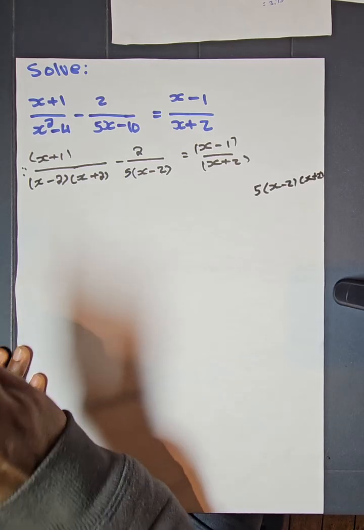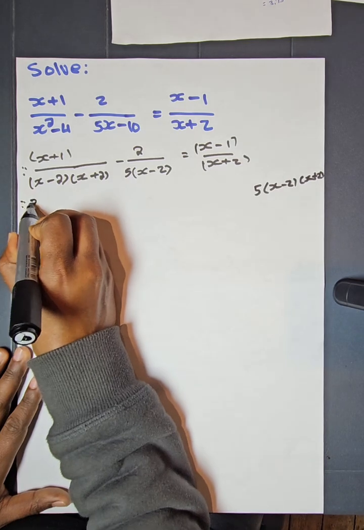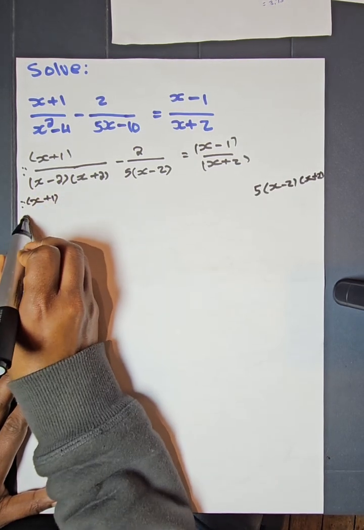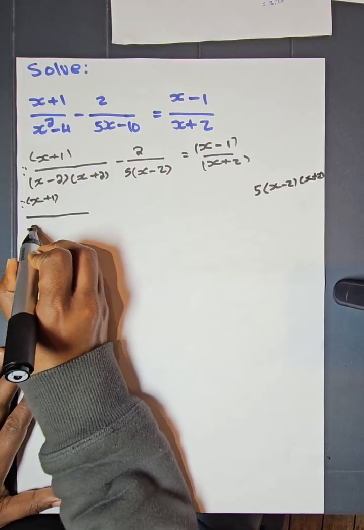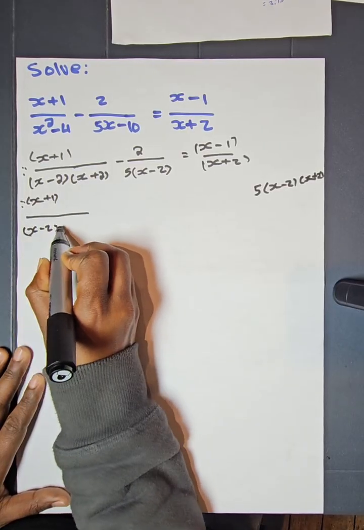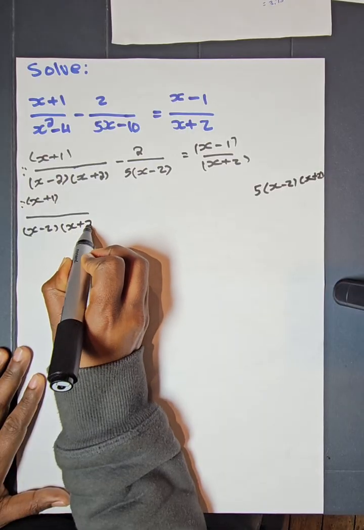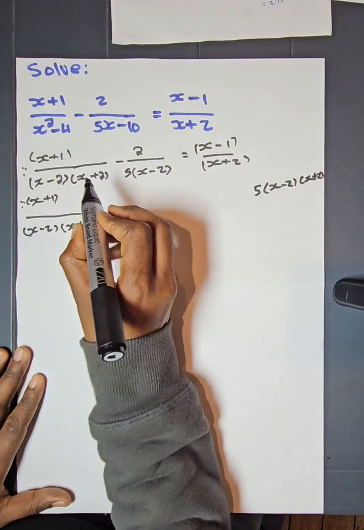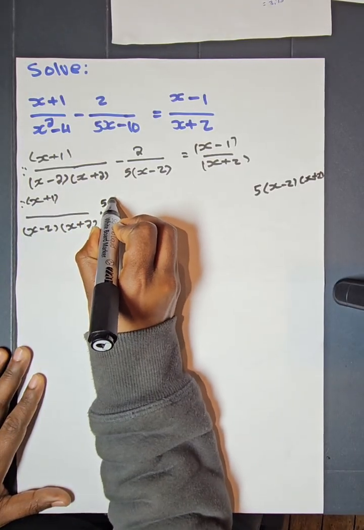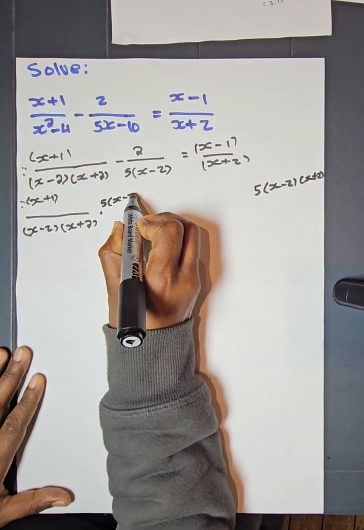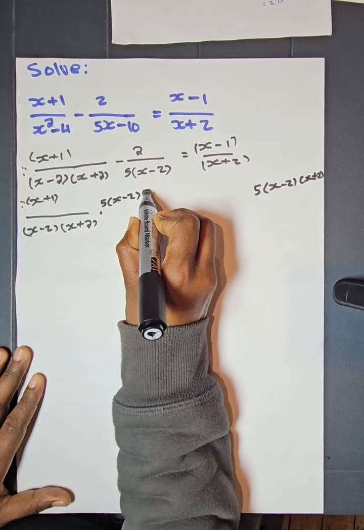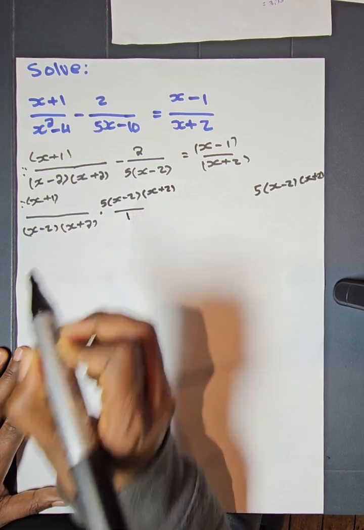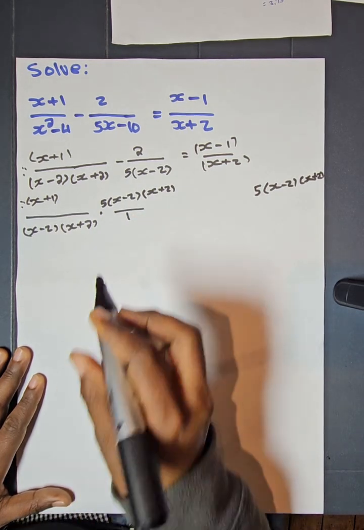We're going to start with the first term, (x + 1) over (x − 2)(x + 2), and then we're going to multiply by the LCM, which is 5(x − 2)(x + 2) over 1, because it's fractions with fractions.